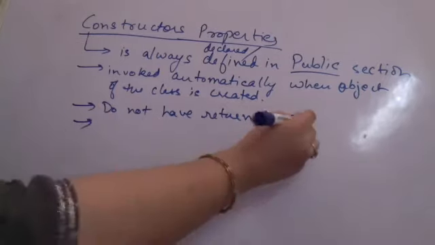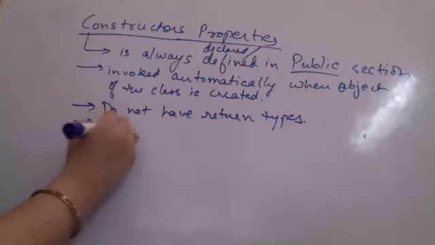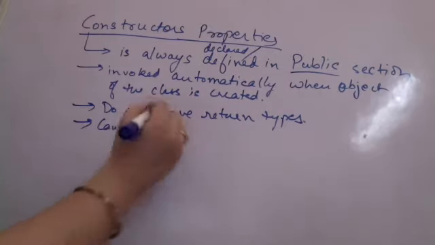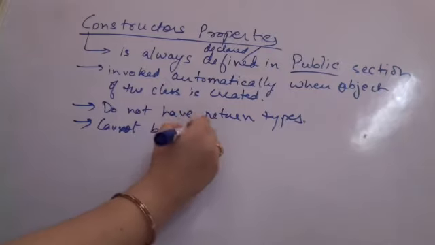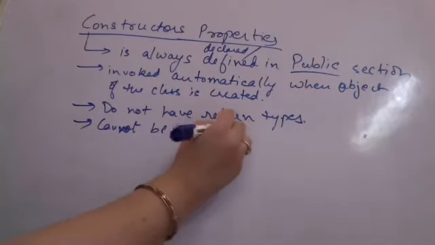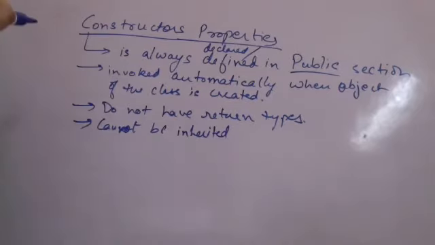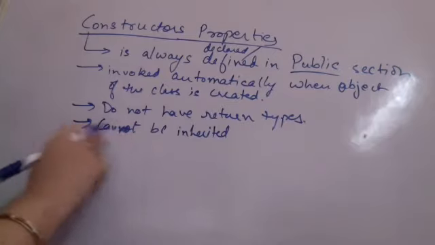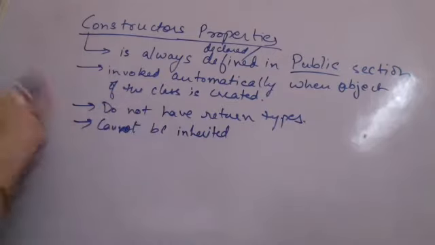Then we have a property that they cannot be inherited. We will be doing inheritance shortly, but they cannot be inherited. If I am having a derived class, then the derived class object will not be inheriting the constructor of this class.